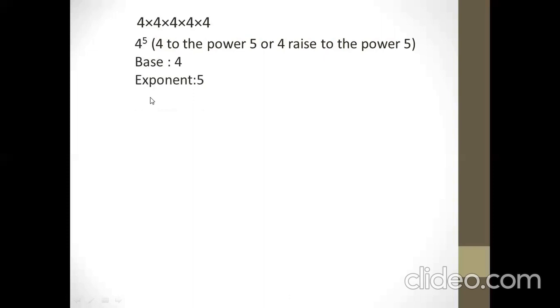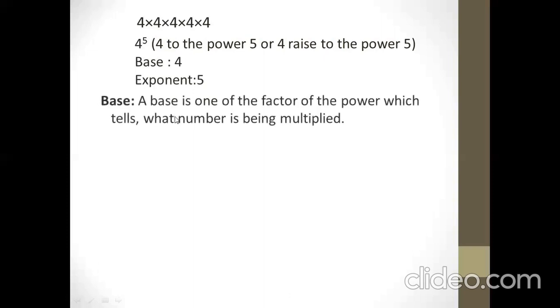Let's see by definition what a base is. A base is one of the factors of the power which tells what number is being multiplied. Here you can see in both quantities, what number is being multiplied. As you can see, 4 is being multiplied, and this is our base.